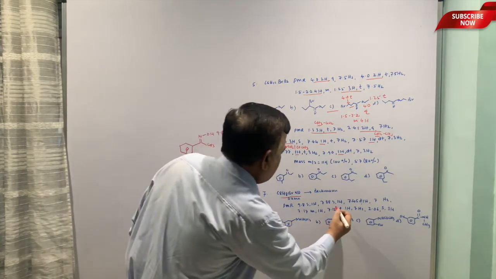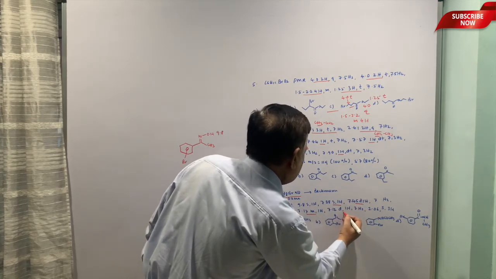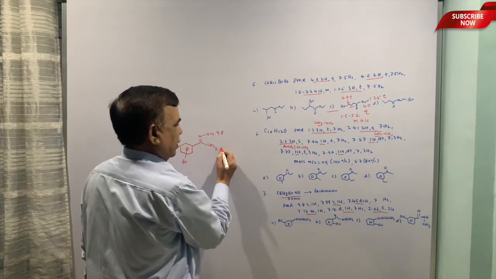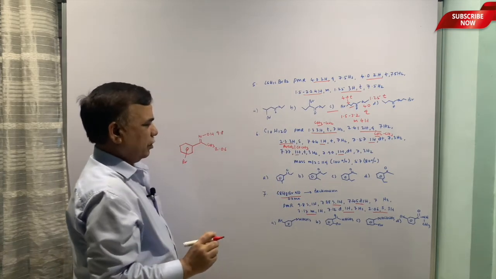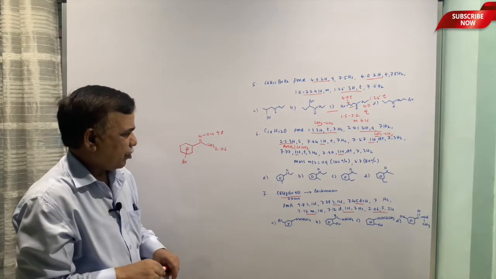These are all aromatic protons, 7.17. 2.06 is this methyl. So that is not a problem. Only thing is the aromatic pattern has to be checked.